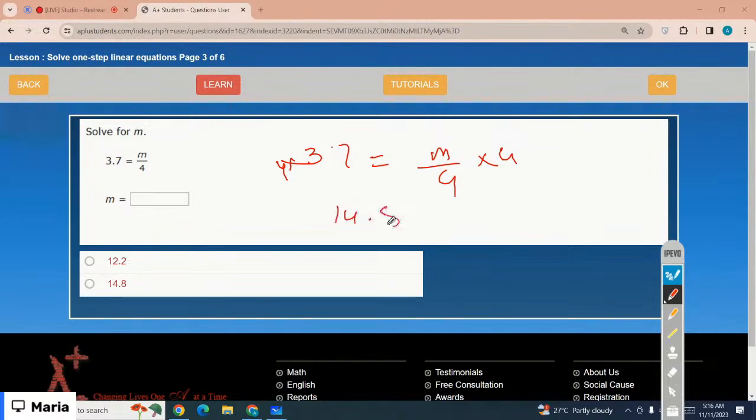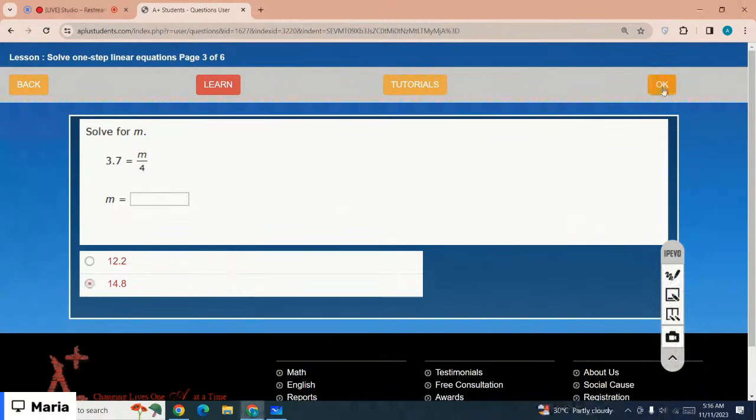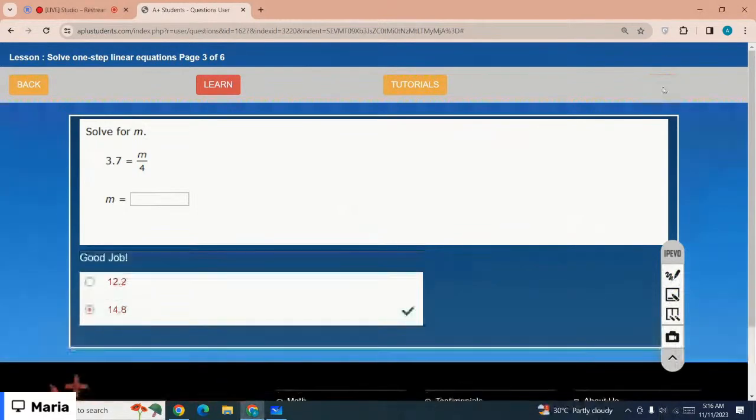So the correct option is 14.8. Option number 2 is the correct option. Got it?